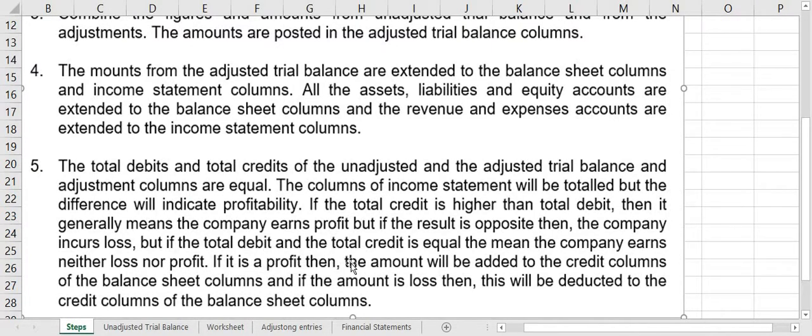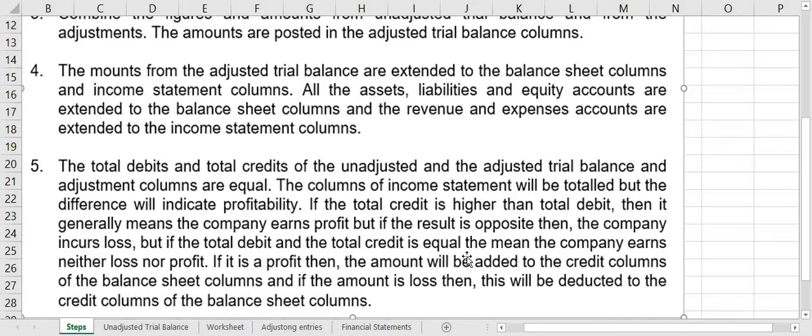If it is a profit, then the amount will be added to the credit column of the balance sheet. And if the amount is loss, then this will be deducted to the credit column of the balance sheet. So since profitable si business or the amount computed indicates profit, then ito yung i-follow natin.